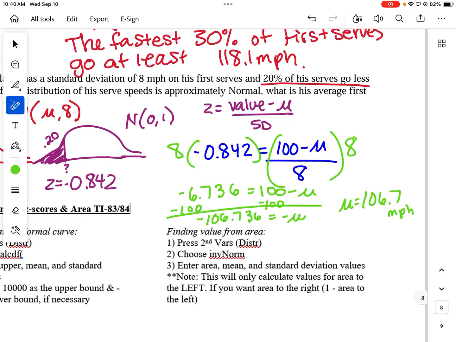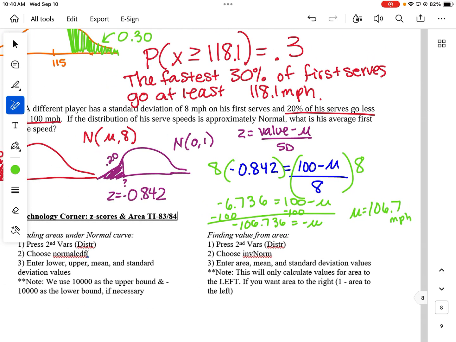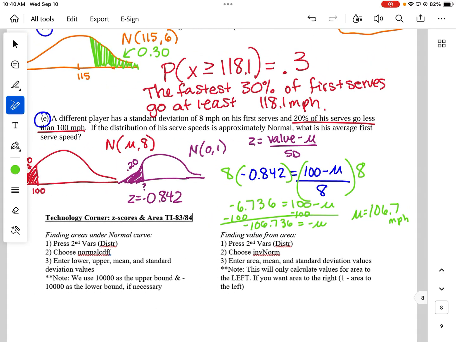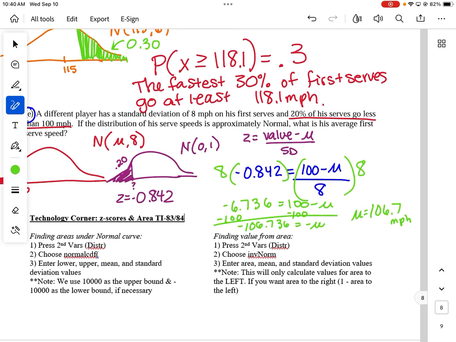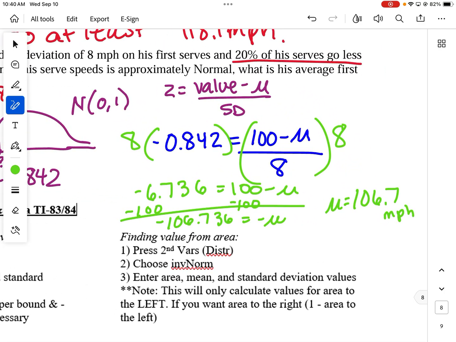So then you would just want to make sure that it makes sense. If the distribution of his speeds is approximately normal, what is his average first serve speed? His first serve speed is 100. His average first serve speed, a lot of S's there, 106.7 miles per hour.